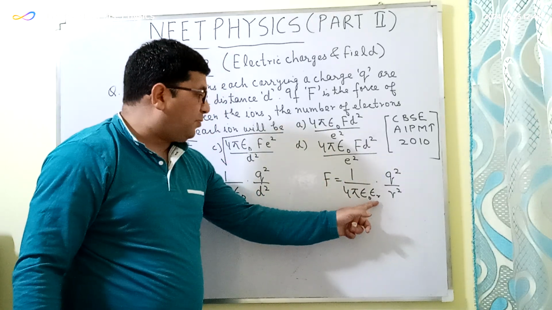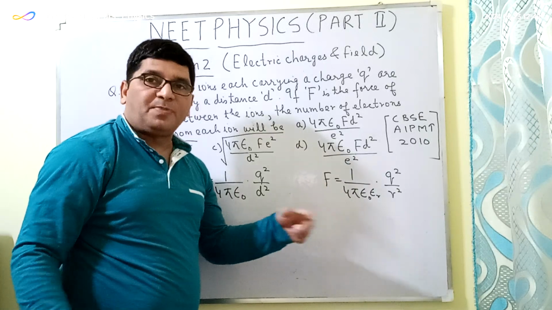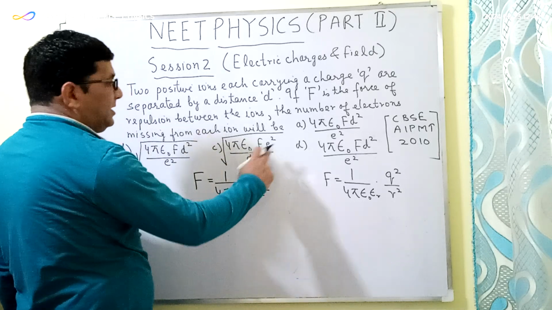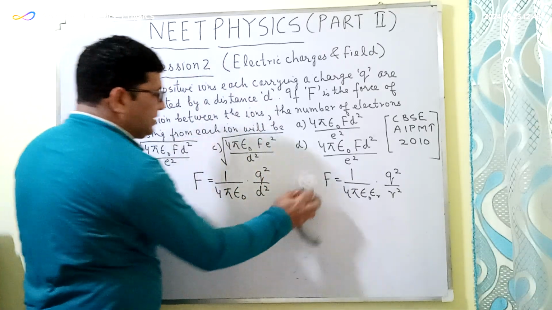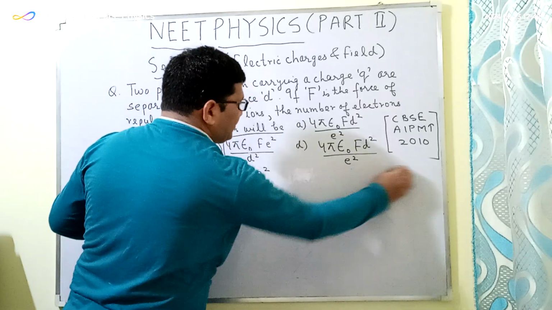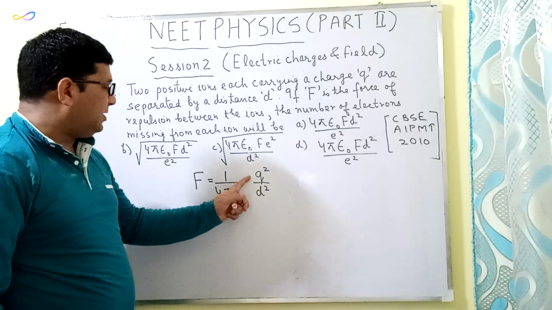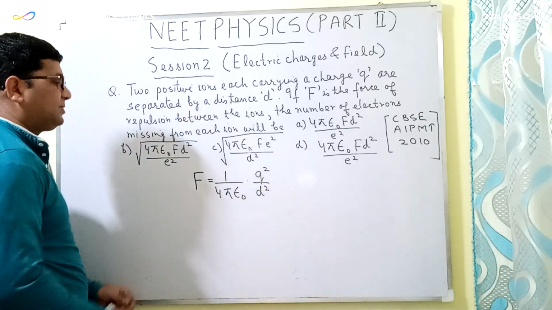So that value has to be put here if the charges are present in some other medium. In this case, it is assumed that these two charges are existing in free space, and therefore I am considering the formula F is equal to 1 by 4 pi epsilon naught into q square upon d square, where d is the separation between these two charges.